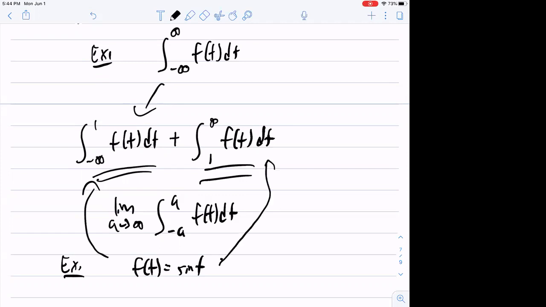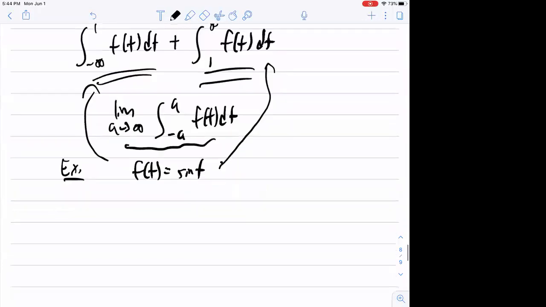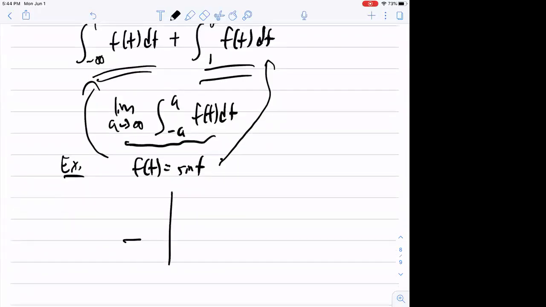You're never going to approach a certain area. But if you did this, it's just 0, because going from negative A to A, sine is an odd function, so the areas will cancel out, this area cancels this area, and so forth.